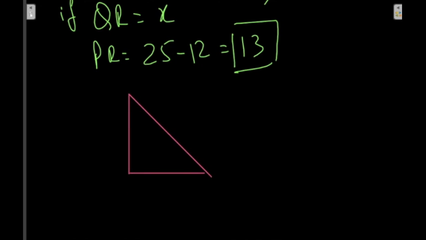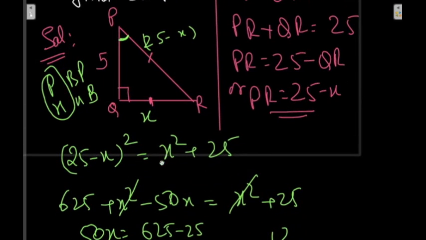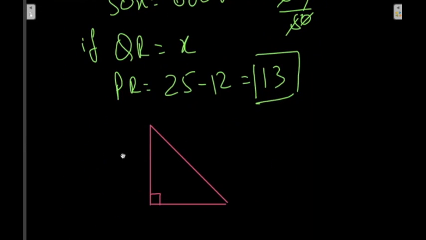This is right angled at Q, P, R. This PQ was given as 5. QR we have found as 12. This is 13. Now we have to find sine of P.